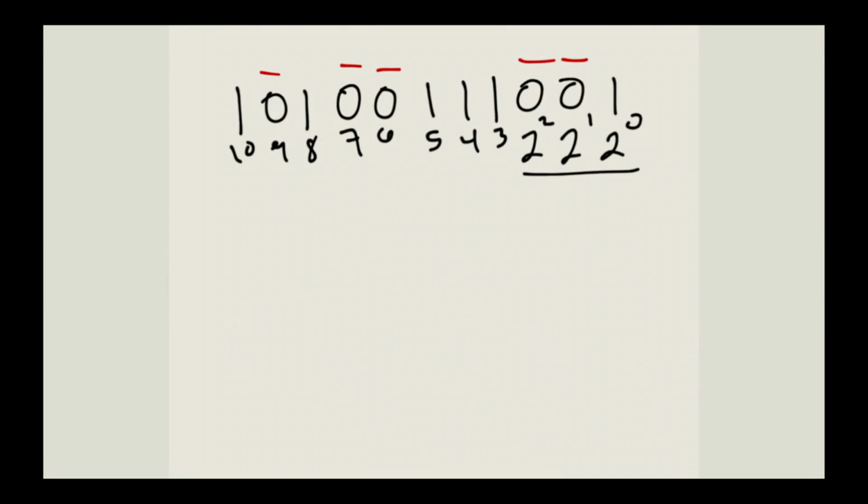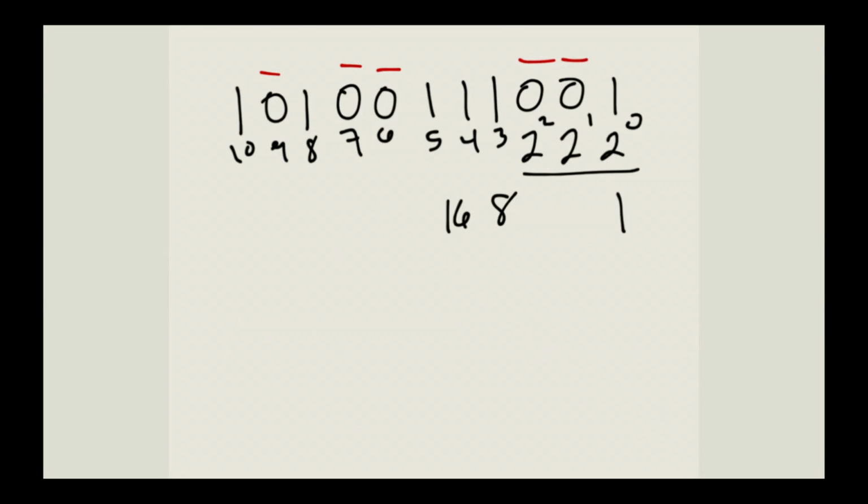So in this case, we only need to calculate it for 2 to the 0, which is 1. 2 to the 3, which is 8. 2 to the 4, sorry, 16.